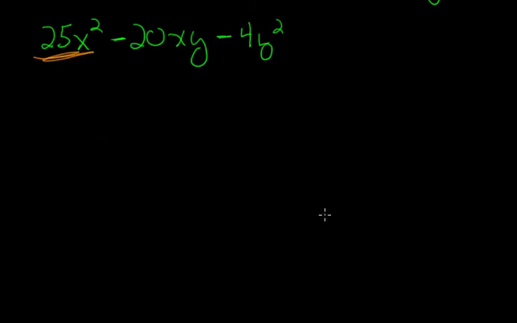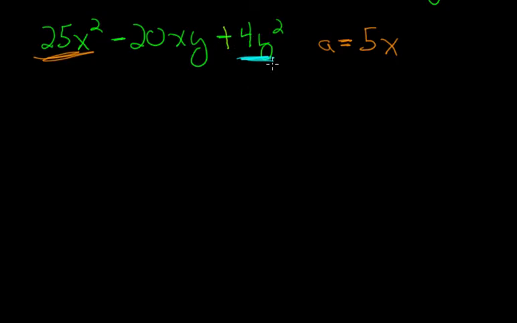Is this a perfect square? Well, the square root of that is 5x. So we can say a would be 5x. How about this over here? Let me see, and I apologize, that is not a minus sign, that is definitely a plus sign there. I thought I drew it, but the pen didn't pick it up, or I went way too quick. But it should be plus 4y squared.